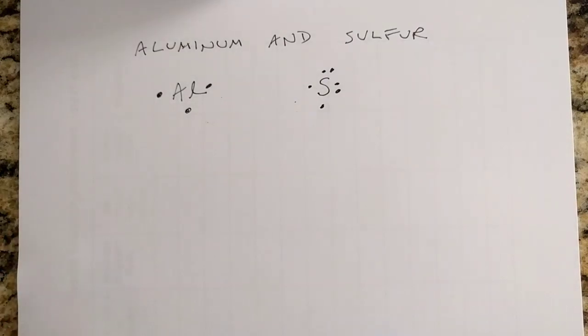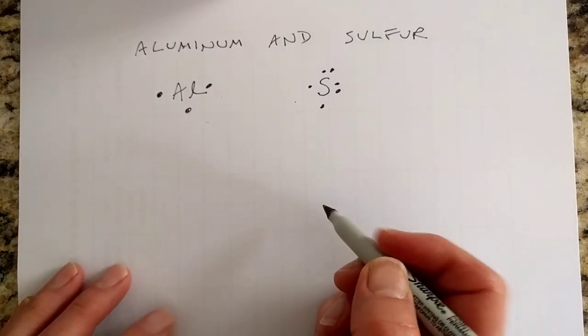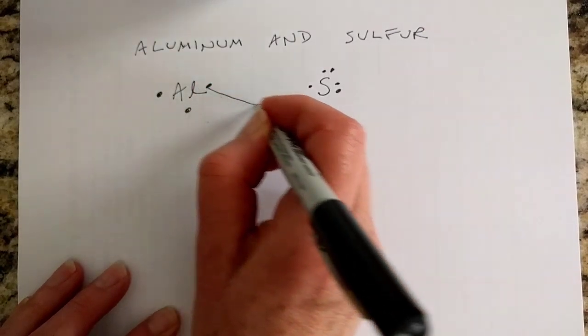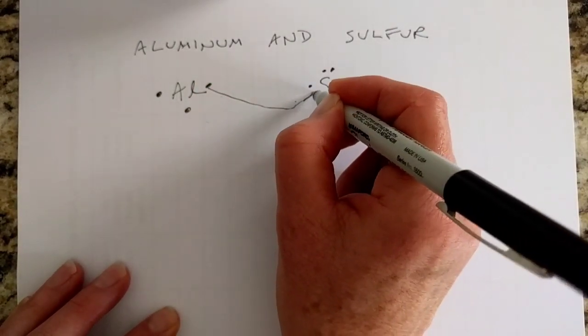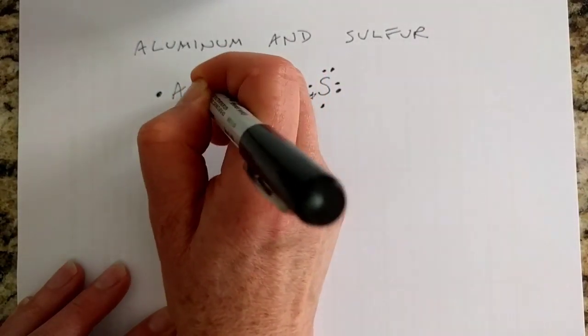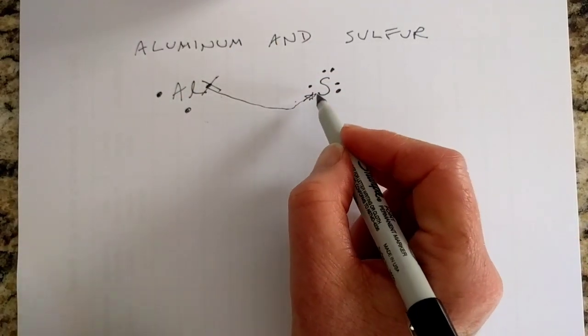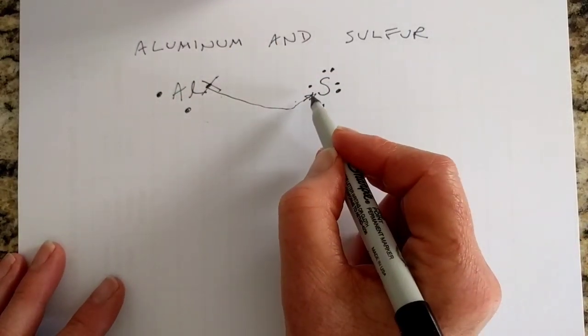And now we start the transfer. And we keep transferring until aluminum doesn't have any and sulfur has an octet. All right, so we can transfer this electron right here. Aluminum gets rid of it, and sulfur gains that electron.